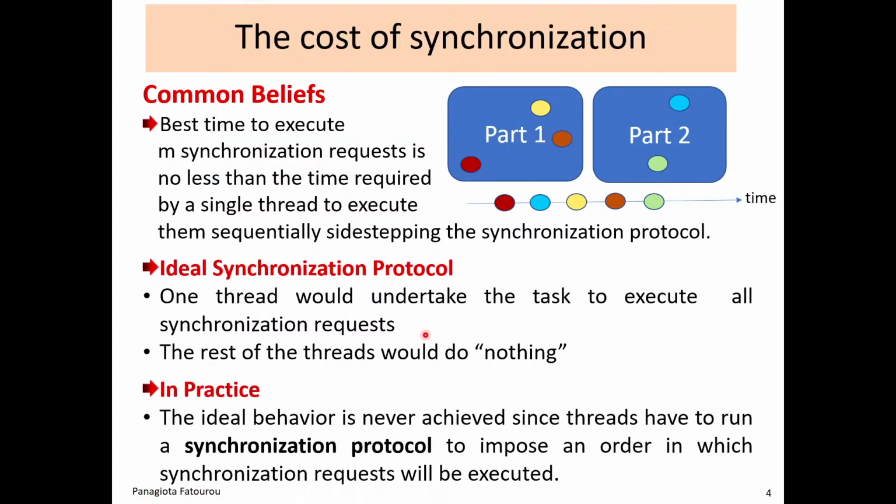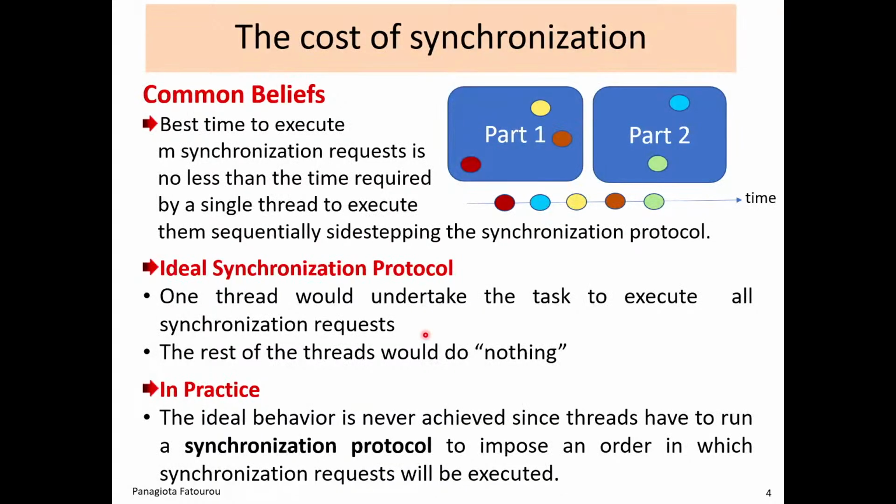However, in practice, the ideal behavior is never achieved because the threads have to run what is known as a synchronization protocol to impose an order in which the synchronization requests will be executed, or to choose this one thread that would undertake the task to execute all the synchronization requests, right?